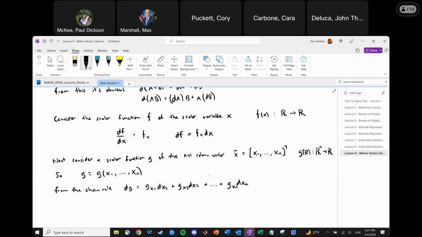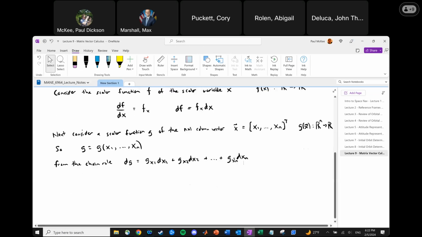It's the same exact equation that we had before with f, right? So we're saying the differential in the output g is the partial derivative of g with respect to the first input times the differential of the first input plus dot dot dot plus the partial derivative of g with respect to the nth input times the differential of the nth input. Right? So the same exact thing we had before.